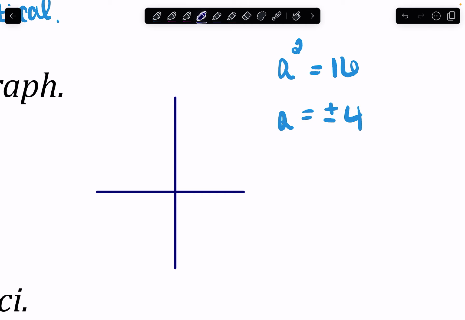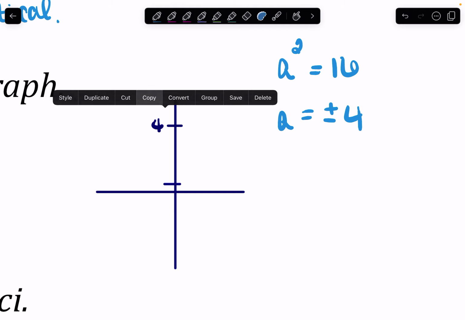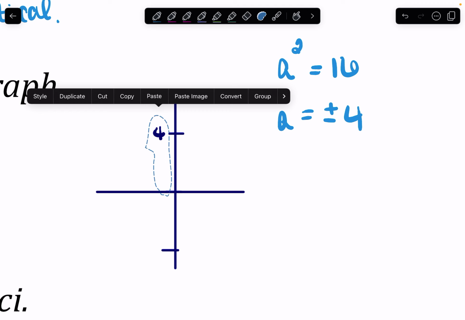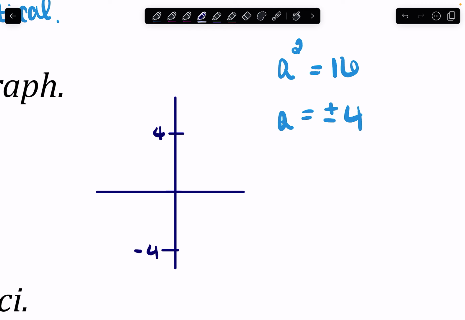If you call that 4, I'm good with that. I'll try to be consistent and make them equidistant. All right, so there's our 4, and there's our negative 4. So those are going to be the points for our major axis.